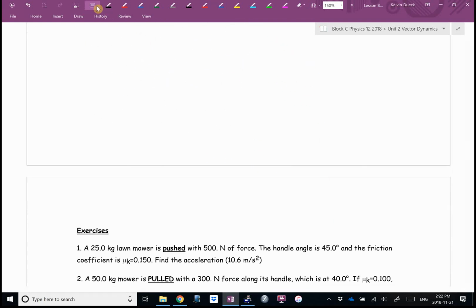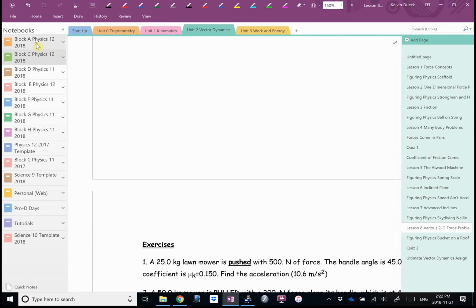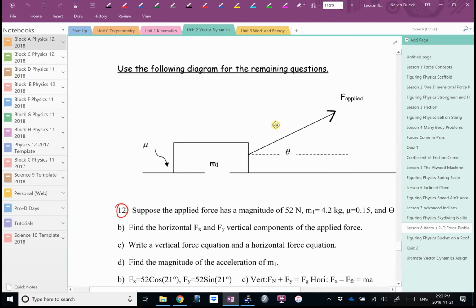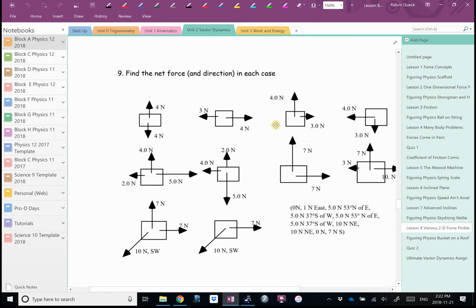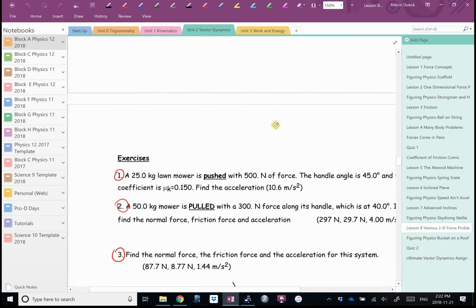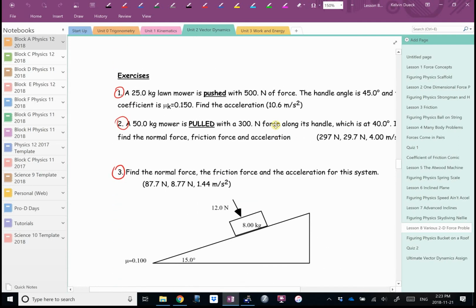So what's your homework? Here's what I assigned my block A's. One, two, three.